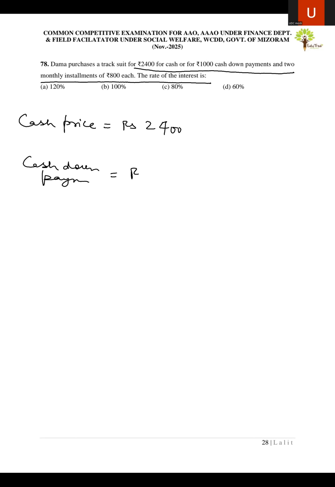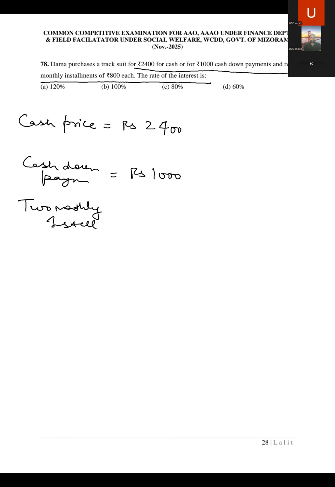The rate of interest is, all right. Let us say the cash price for the tracksuit is rupees 2,400, and he gave a cash down payment of rupees 1,000, and two monthly installments of rupees 800 each.